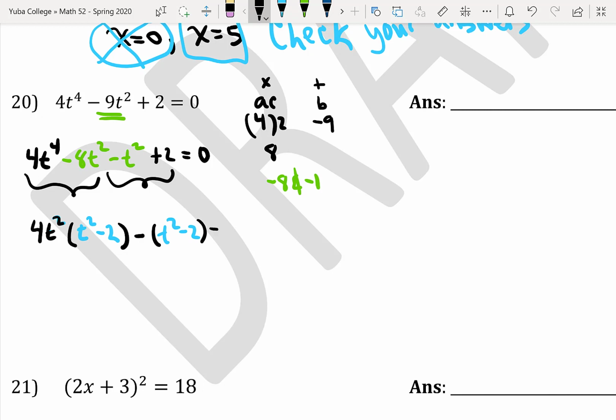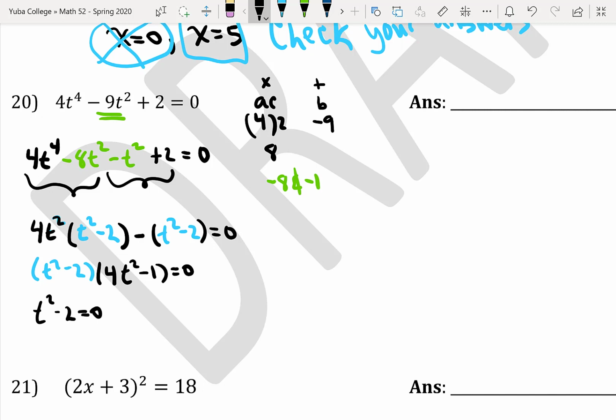So we're looking at when t squared minus 2 is equal to 0. If we add 2 to both sides, t squared is equal to 2. Use your square root method. So t equals plus or minus the square root of 2.